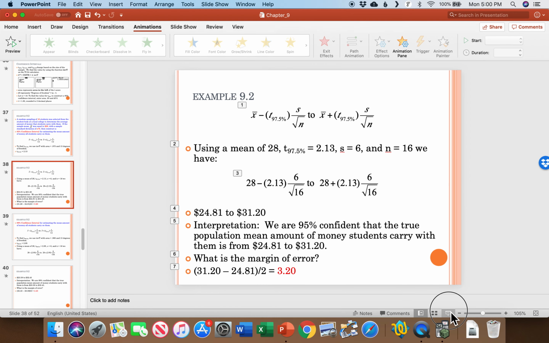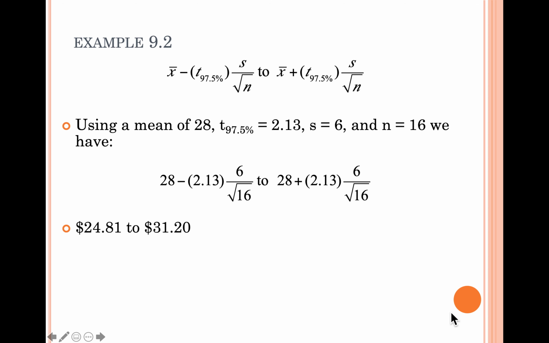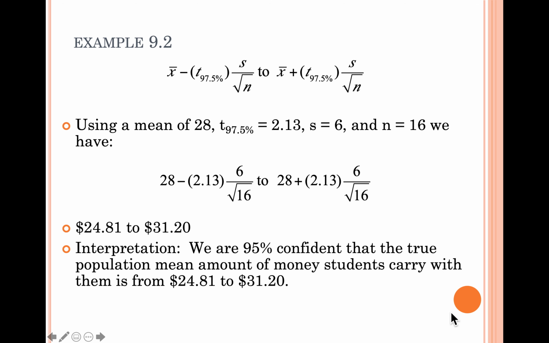Okay, and that is what we have here. So to interpret this, we're going to use that standard approach that we used in the previous lecture. We are 95% confident that the true population mean amount of money students carry with them is from $24.81 to $31.20.